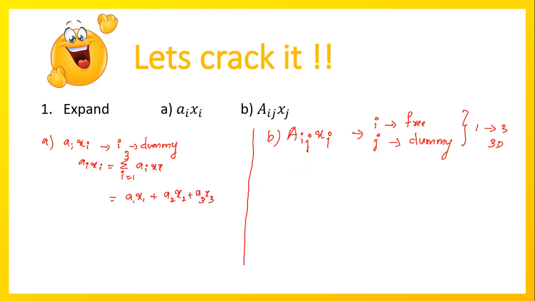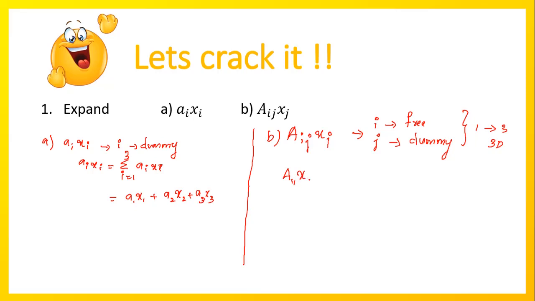So, here I ranges from 1 to 3, which denotes that we will have 3 equations, and j ranges from 1 to 3, which denotes that every equation will have 3 different terms.